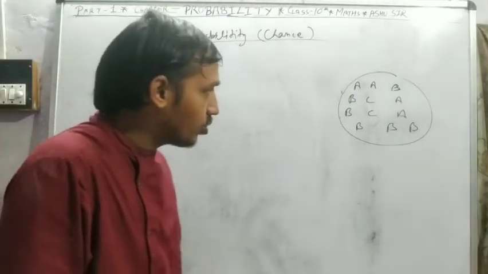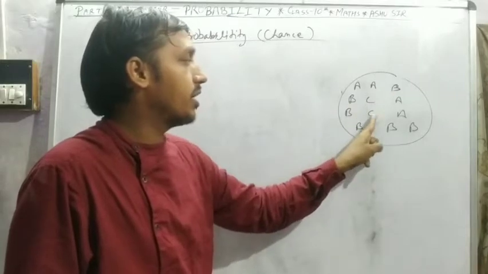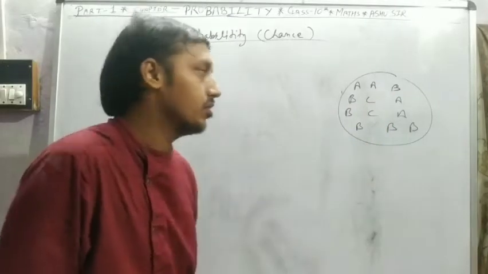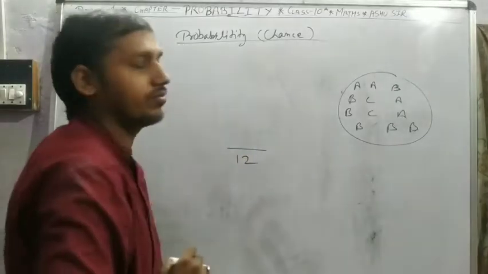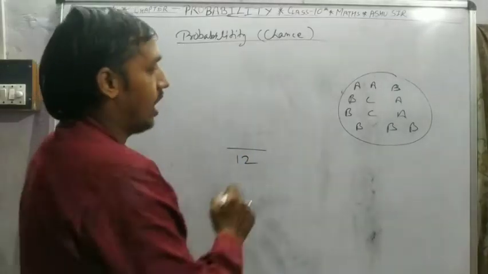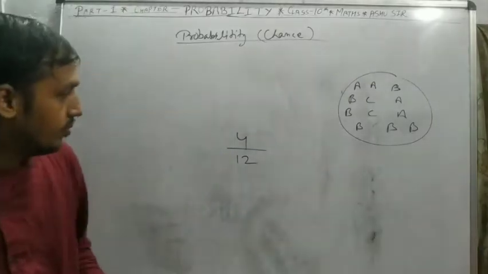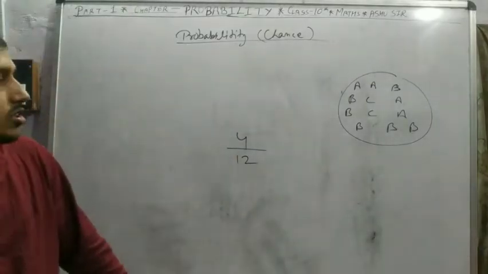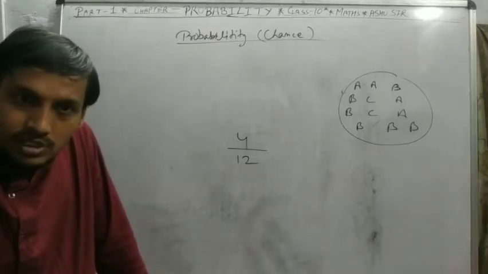Now how many total letters? 1, 2, 3, 4, 5, 6, 7, 8, 9, 10, 11, 12. Means out of 12 letters we have 4 A. The number of A is maximum, so the probability of A occurring is maximum.